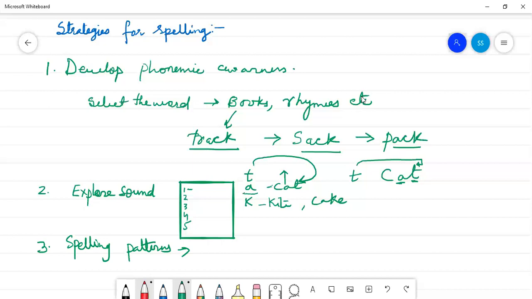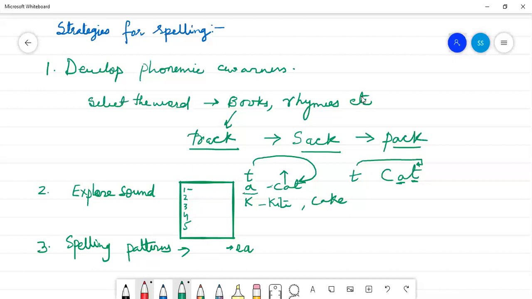They are going to explore some common spelling patterns together. For example, look for a list of words with EA. So if you have selected EA, the child has to look for a list of words which contain EA.